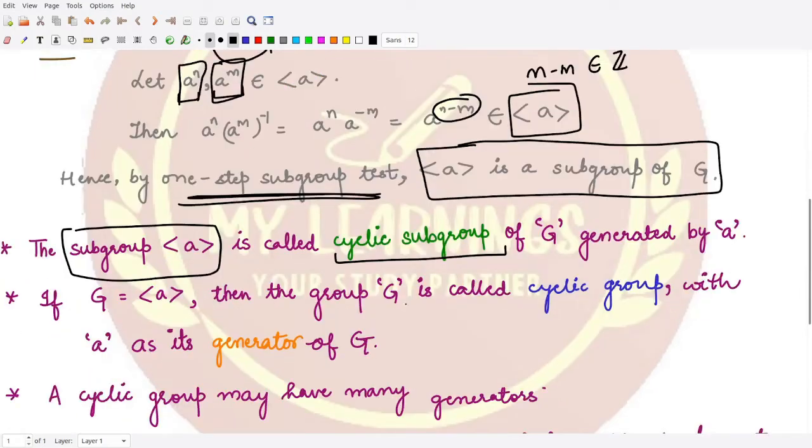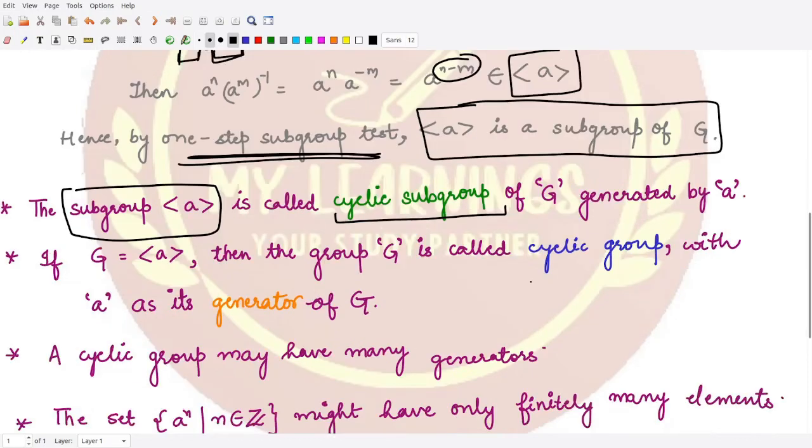So the group G is a cyclic group if the group G is equal to this subgroup only. In that case we call the group a cyclic group, because this was a cyclic subgroup of the group G. If the group G is nothing but equal to the subgroup itself, then it forms a cyclic group, right?